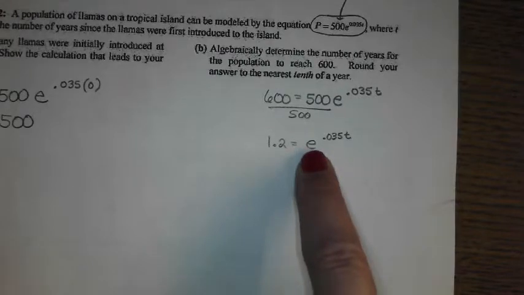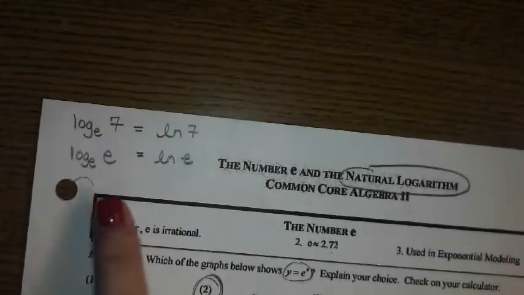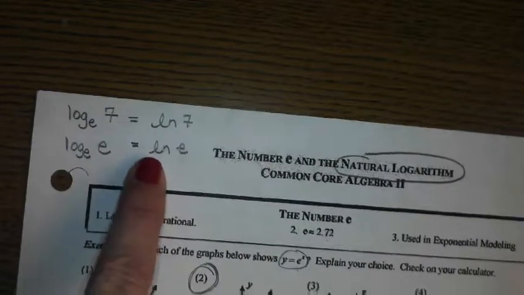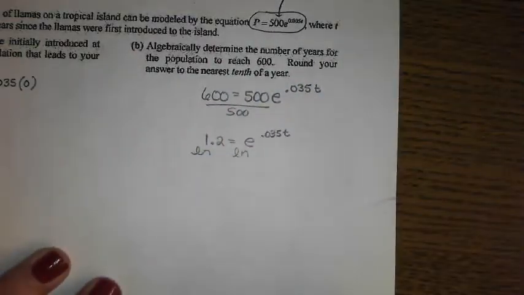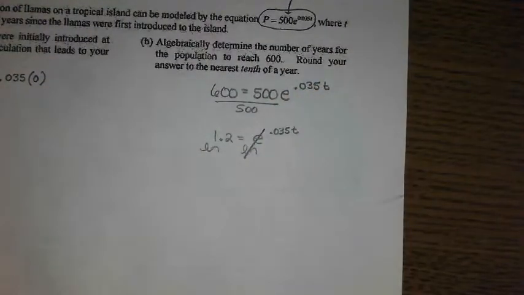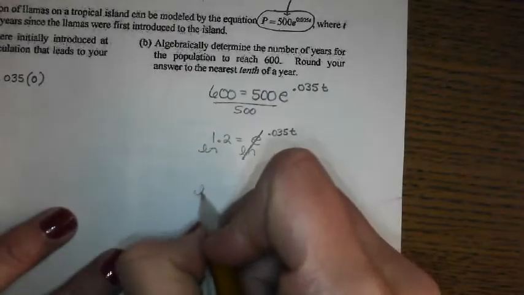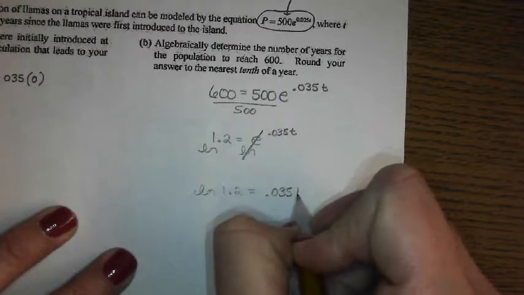But log base e is the same thing as what button? Log base e is the same thing as ln. So you will just take the natural log of both sides. And what's good about that, again, just like log base 2 of 2 or log base 5 of 5, log base e of e cancels. It's 1. So you just have the natural log of 1.2 equals 0.035t.